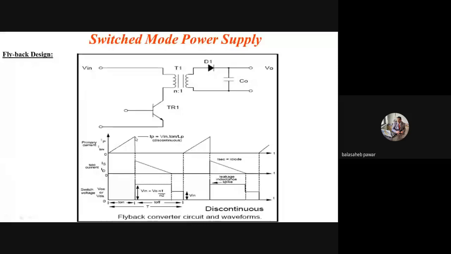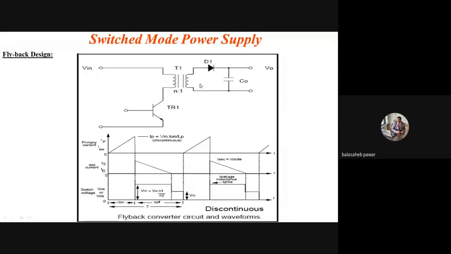At this stage the transistor gets turned off, and then the stored energy is transferred to the secondary of the high frequency transformer. That's why the secondary current is shown in the second waveform, right? Whenever the transistor turns off, the stored energy is transferred to the secondary.